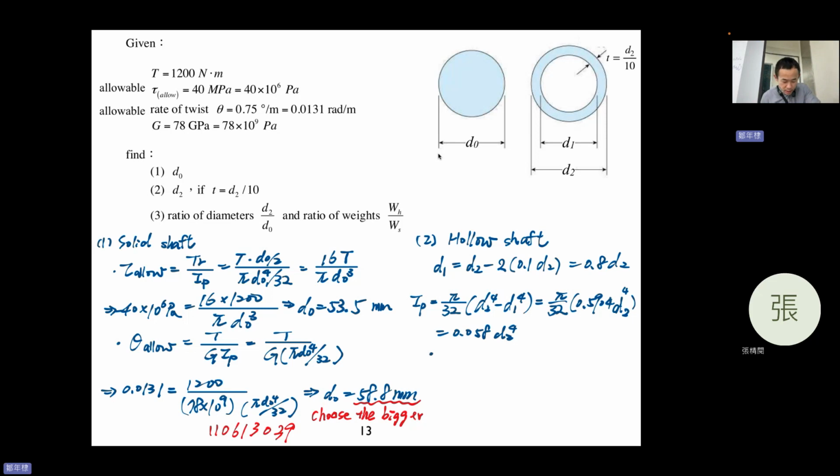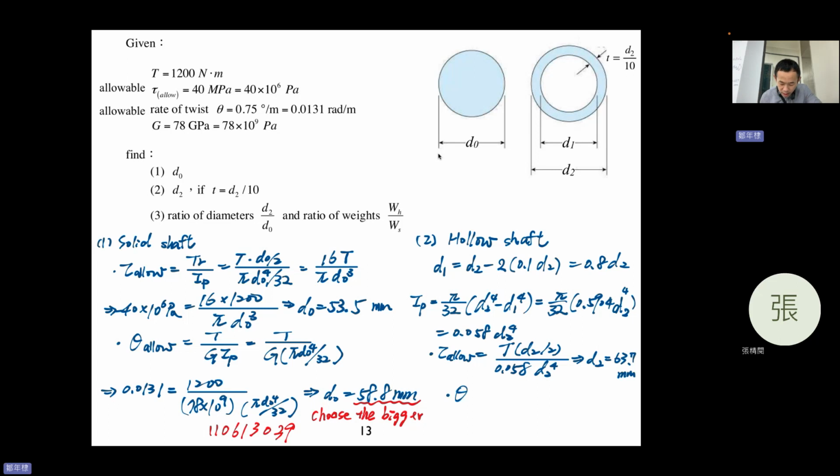So again, tau allowable equals T D2 divided by 2, over 0.058 D2^4. So D2 equals 63.7 millimeter.